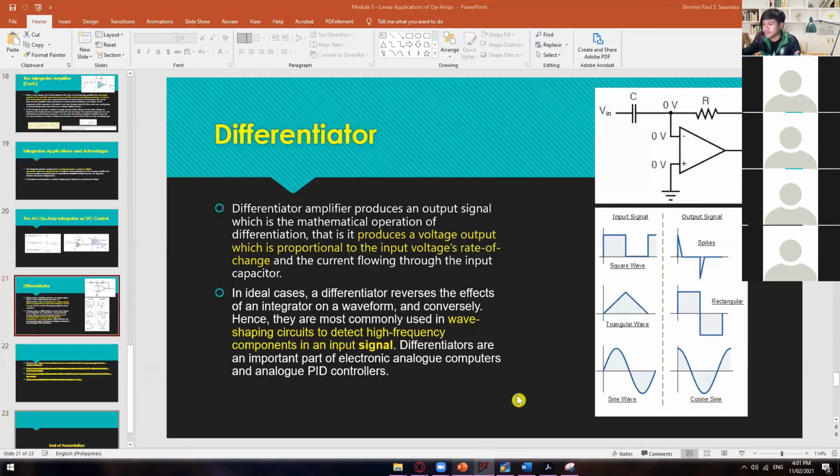So as I have mentioned in here, if we have an input of sine wave, you'll get a cosine wave. Okay. So how did I get this cosine? So this one actually has a computation, but I haven't shown it. But you can find it on the internet. Okay.